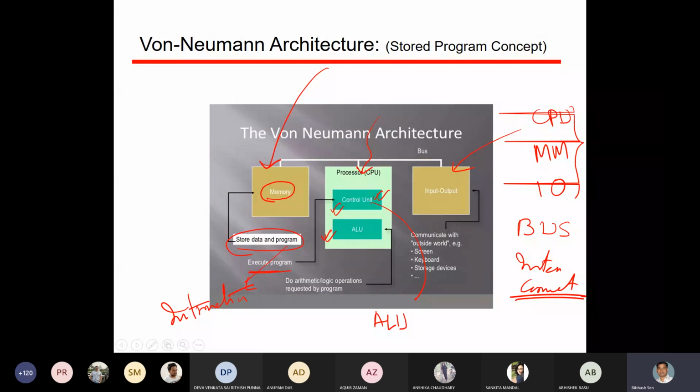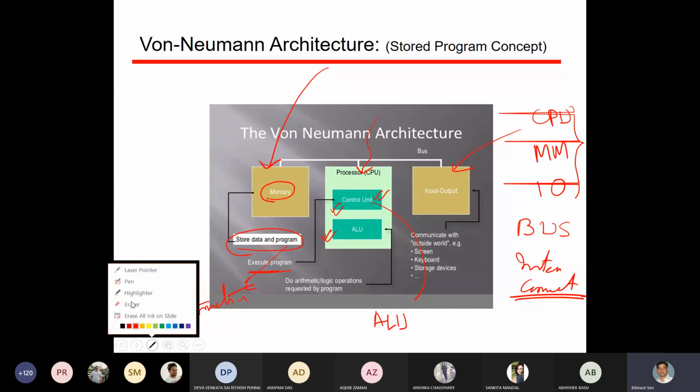The ALU does all the arithmetic and logical calculations required for CPU processing, and the control unit controls the entire sequence of operation. That is the task of the control unit.